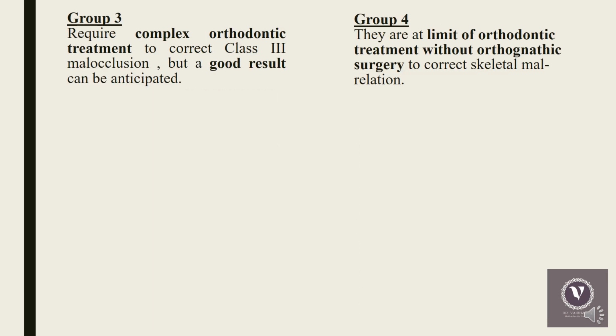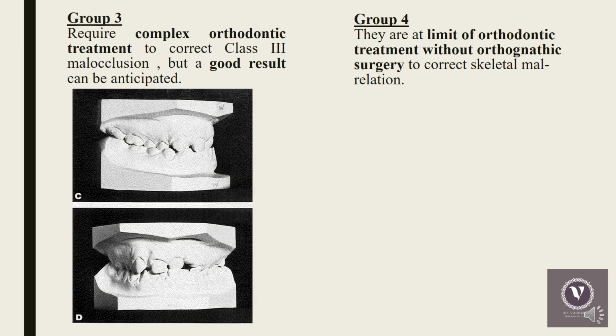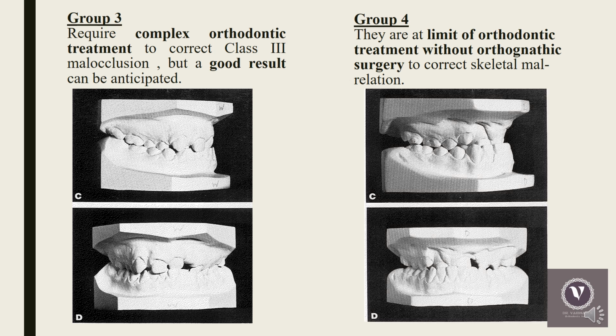In Group 3, cases require complex orthodontic treatment to correct class 3 malocclusion, but a good result can be anticipated. Here we can appreciate an edge-to-edge anterior incisal relationship. In Group 4, the cases are at the limit of orthodontic treatment without any orthognathic surgery to correct the skeletal malrelation.